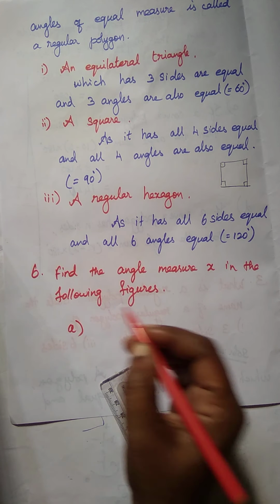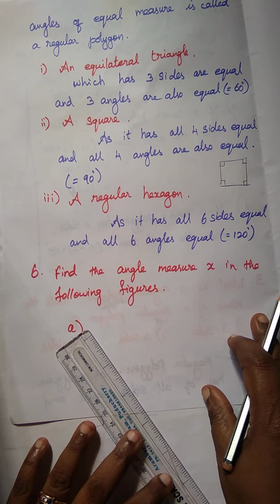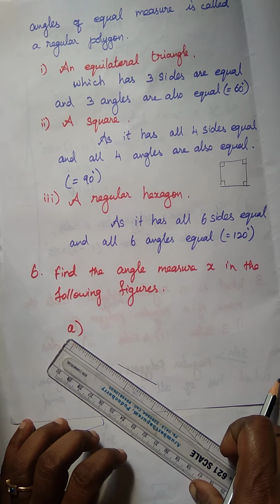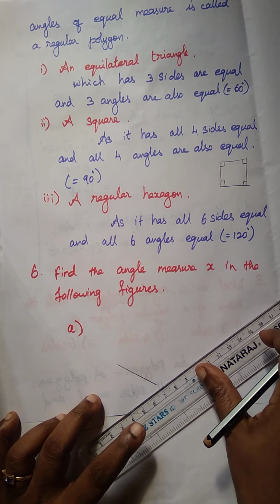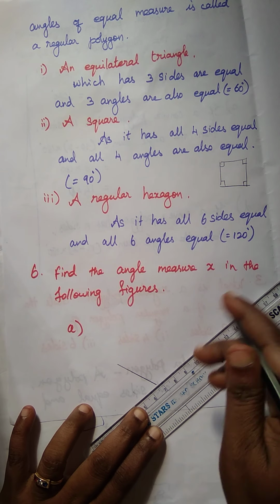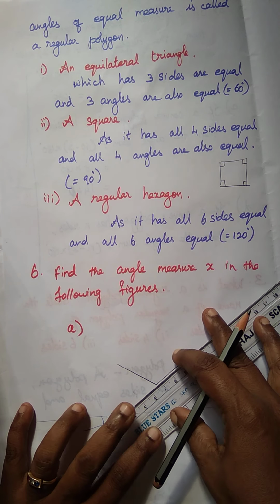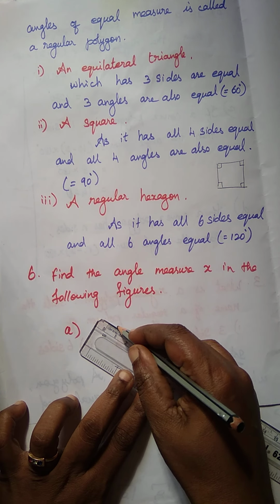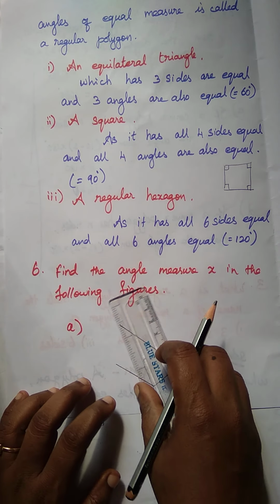First we draw the diagram. Using scale and pencil, students, you have to draw the diagram. Without scale and pencil, don't draw that. So this is a diagram. It's a quadrilateral.